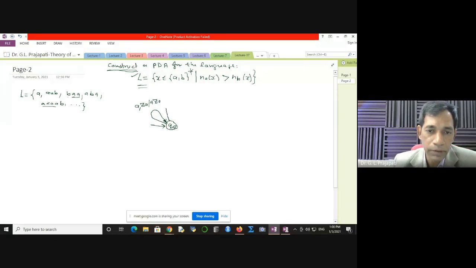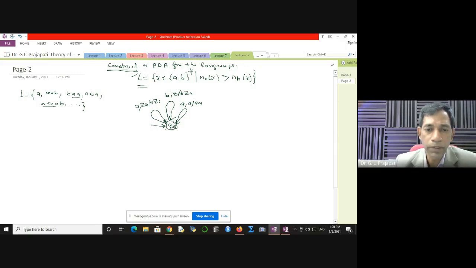Next possibility is you can have input B and top of the stack Z0. You need to save this. This is one. The other one is you can have input A and top of the stack can also be A. So what you need, you have to save it.